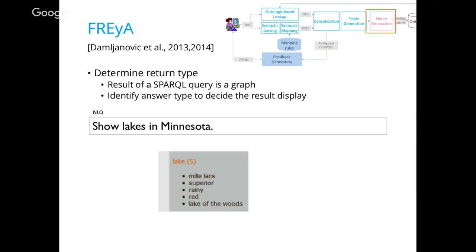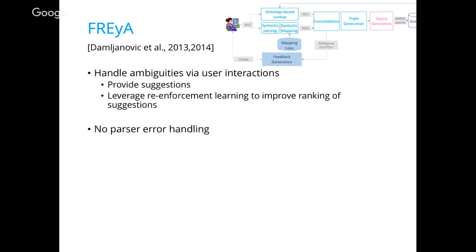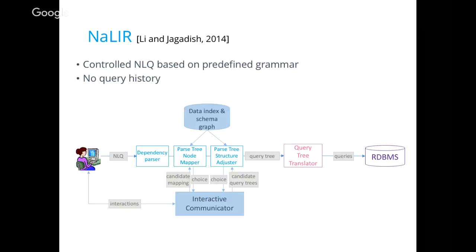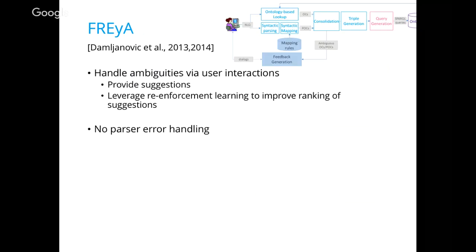Okay, so it provides suggestions. It will observe how the user reacts to those suggestions and learn a way to improve the ranking method. So this also has some learning aspects in the whole thing, but there's no parser error handling.